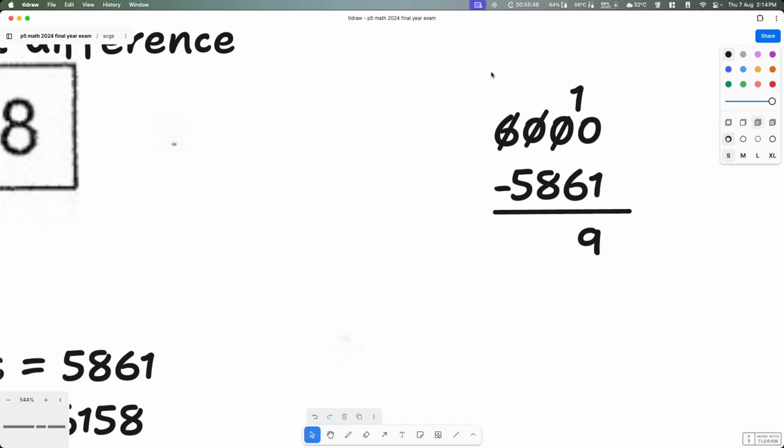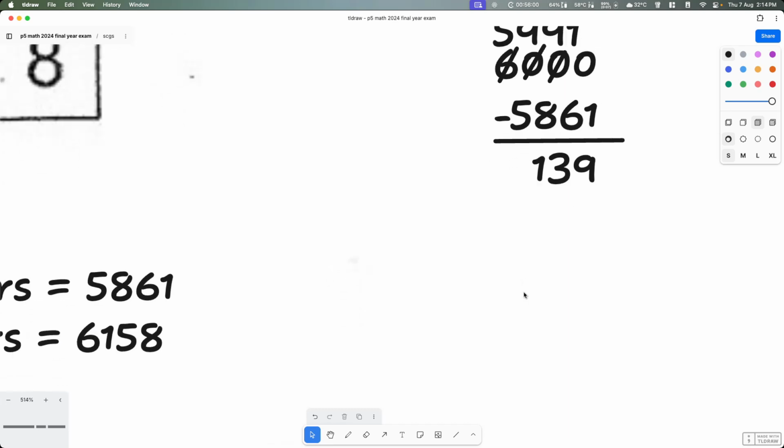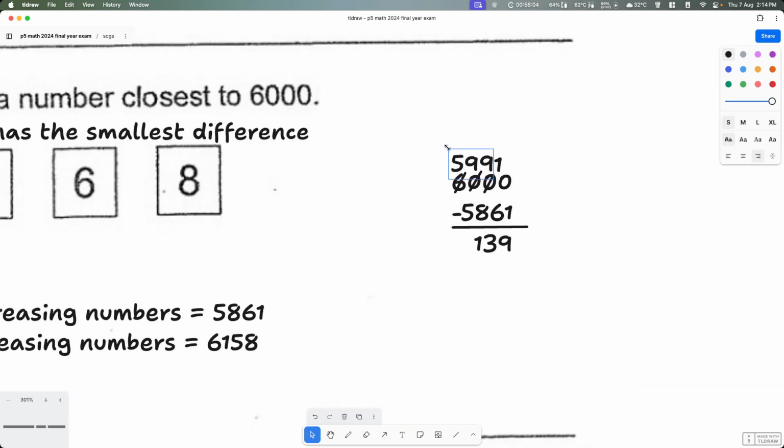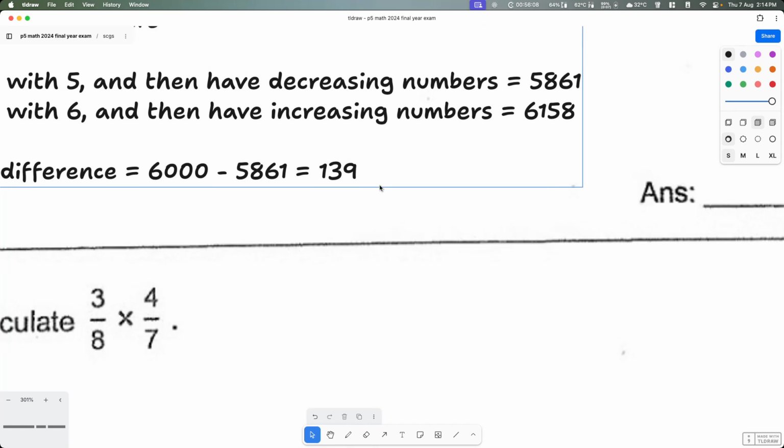So this would then be 599. So 9 minus 6 is 3, and then 9 minus 8 is 1. So the answer is 139.